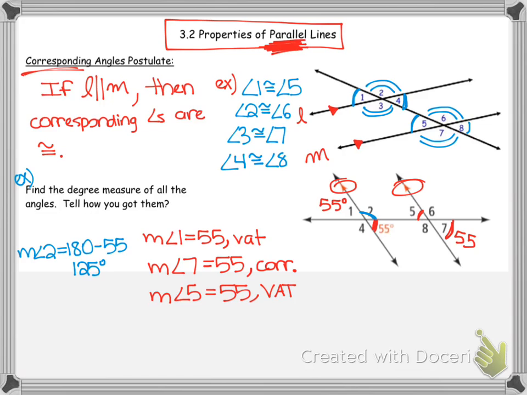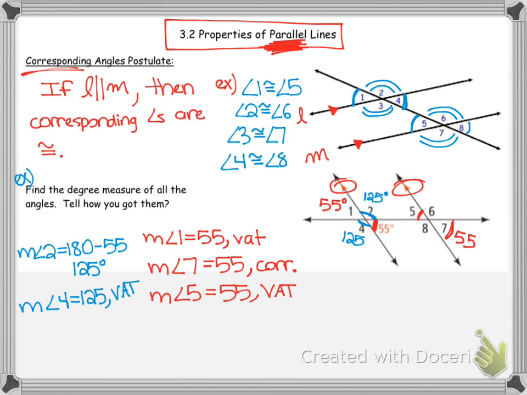So we know that the measure of angle 2 is 125. Because of that, we know that 4 must also be 125, because those are vertical angles.